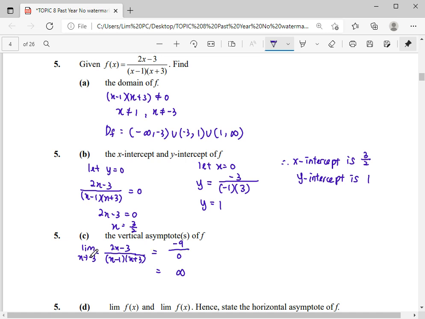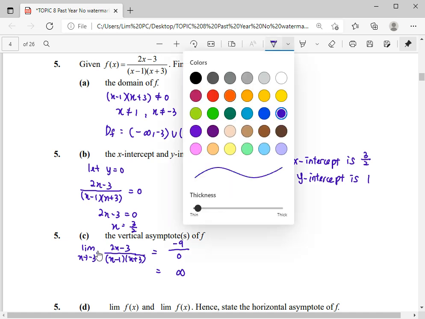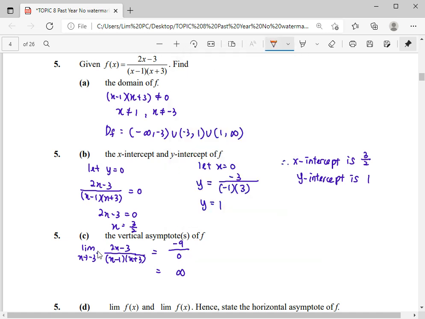Since our negative 3 approaches from the left-hand side, the value close to negative 3 from the left-hand side, our testing value, will be x equals negative 3.01. When we put it into this part, it is definitely negative. When we put it into this part, it is negative. So this x will approach 0 negatively.